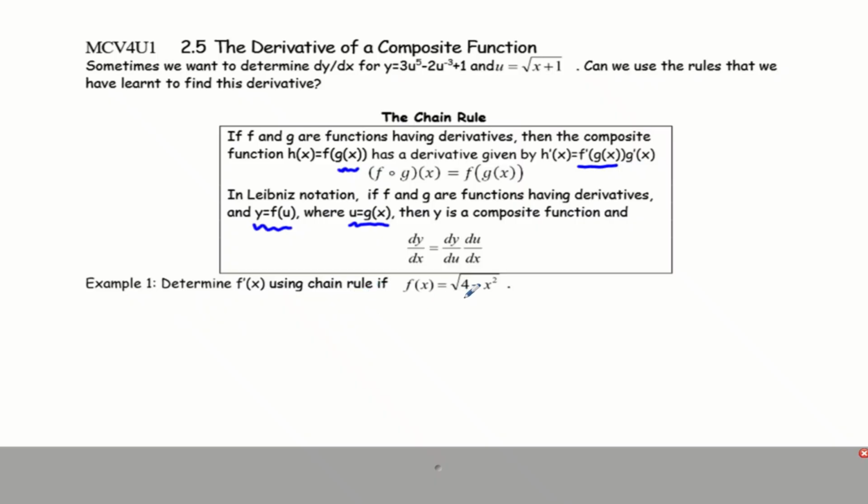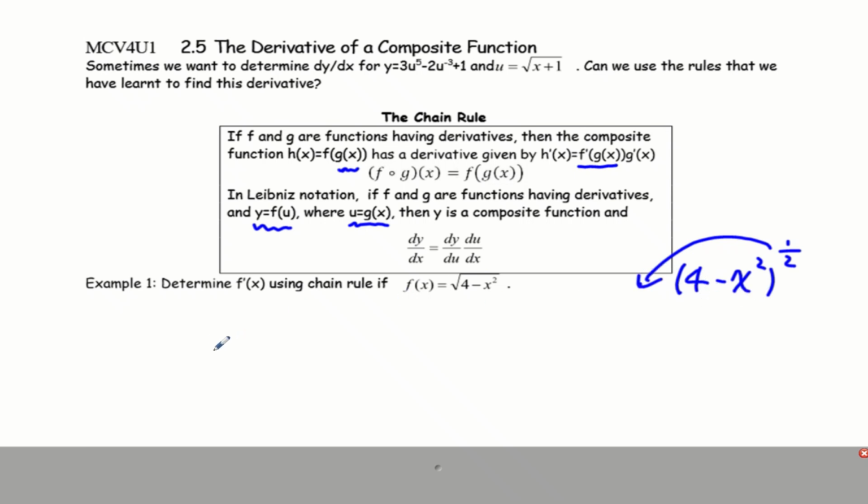You could use a method we used before. Just use the power rule, then after that we take the derivative of whatever is inside. You could write it as 4 minus x squared to the power 1 over 2, bring the exponent to the front and take the derivative of whatever is inside.